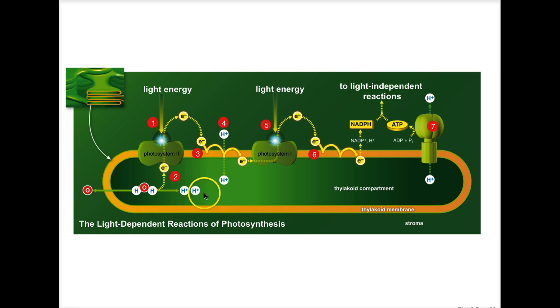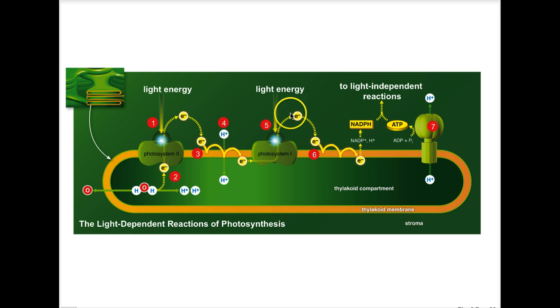So now the electrons are going to be excited again, so they need another photosystem. This is where photosystem 1 comes in, and photosystem 1 is similar in structure to photosystem 2 in that it has pigmented molecules. Those pigmented molecules are going to excite the electrons that they've just received. So in step 5, the light energy excites the electrons from photosystem 1 that are continually being replaced from the previous step.